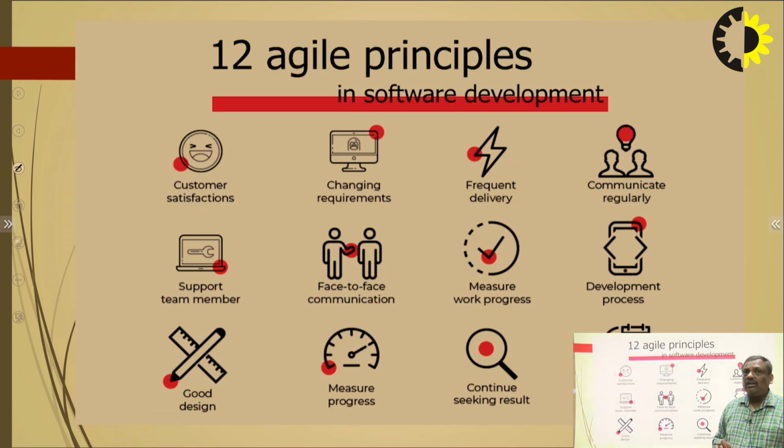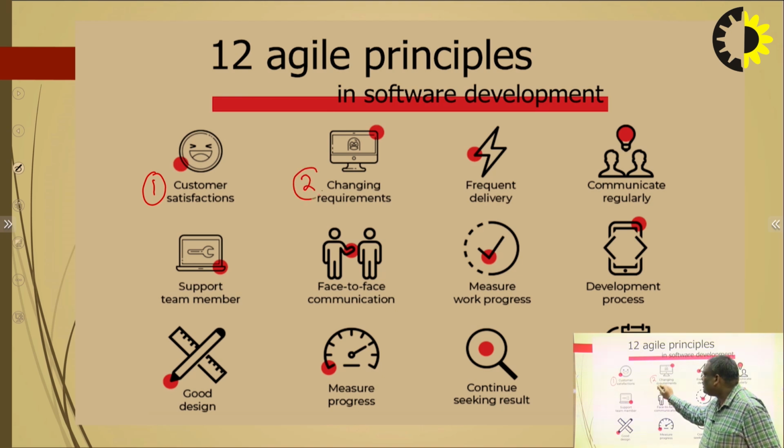And the 12 principles. The first one is customer satisfaction, our first priority. Welcoming changing requirements: if any requirement comes during project development, we can adopt it. Frequent delivery, our third priority.